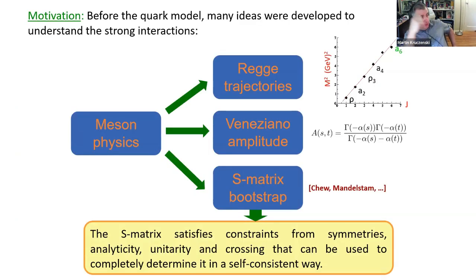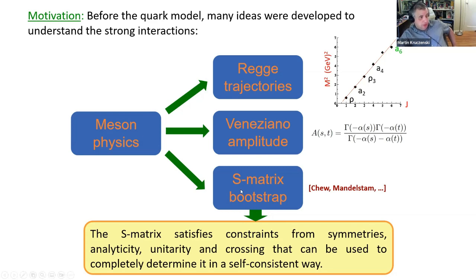So let's start with the motivation. The 50s, 60s, and 70s were a very interesting time. People didn't know what the fundamental or basic description of strong interactions was, and there were many interesting models that gave rise to string theory and non-abelian gauge theories.